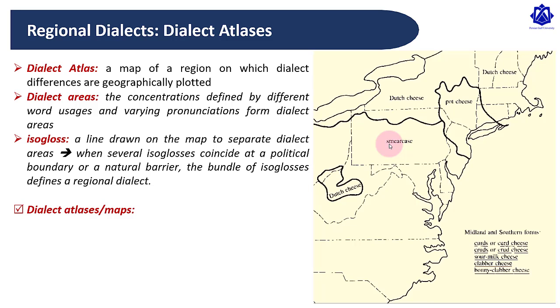This map is by Hans Kurath, and he has said in A Word Geography of the Eastern United States that we can draw a map in order to show dialectological differences, the differences that we have between dialects.